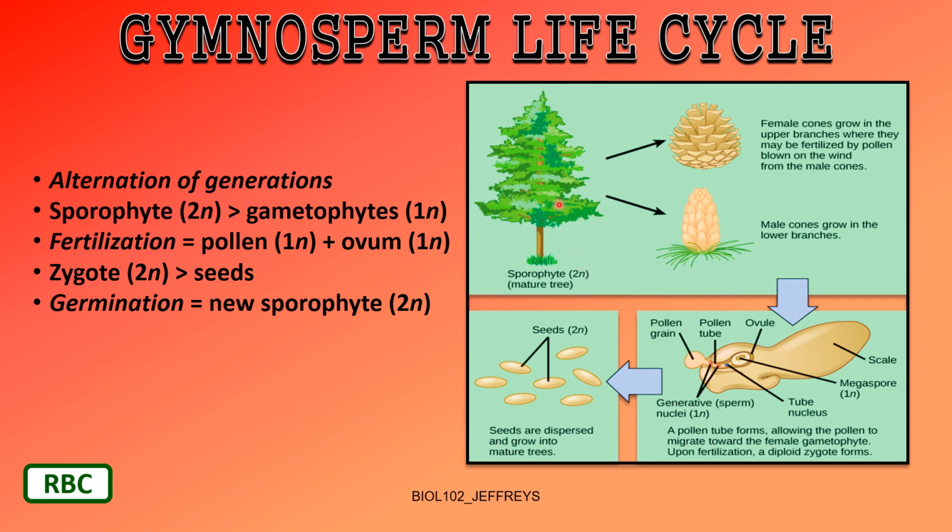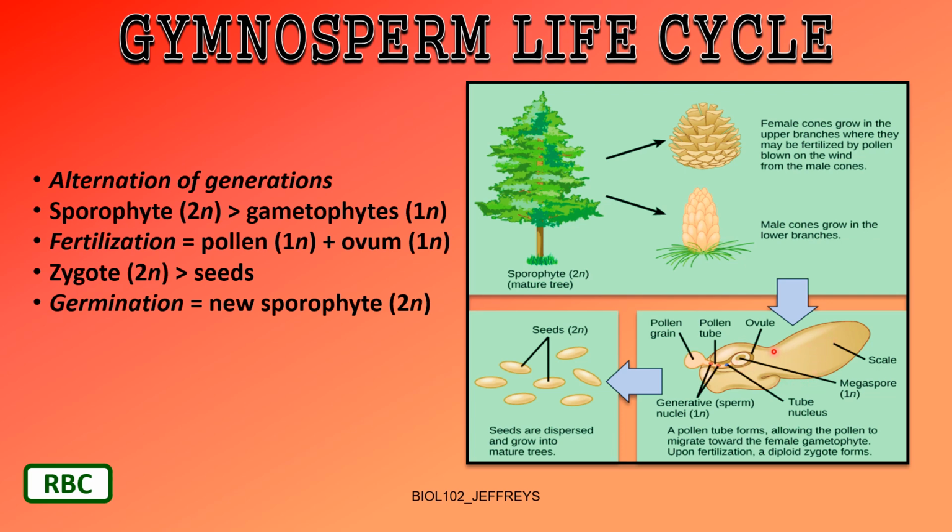And the sporophyte is going to generate ovulate cones, female cones, and the staminate cones, the male cones. And the female cones are going to produce ova, which are eggs, which are 1N. And the male cones are going to produce pollen, which essentially is sperm. Sperm is 1N.